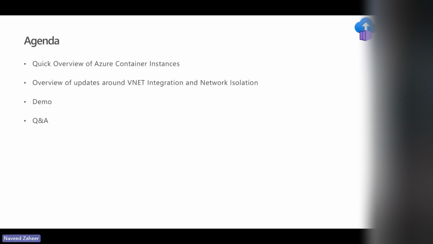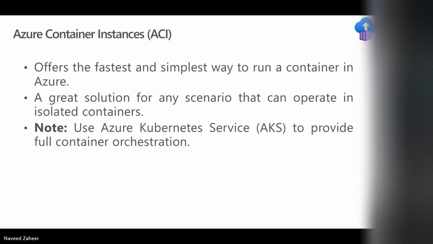Azure Container Instances is a quick and easy way to deploy a container in the cloud. You just need your image, you can deploy the container, and that's it. You don't need any infrastructure, you don't need any VM, you don't need any AKS infrastructure or anything.